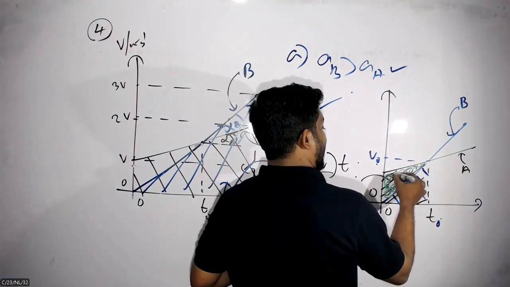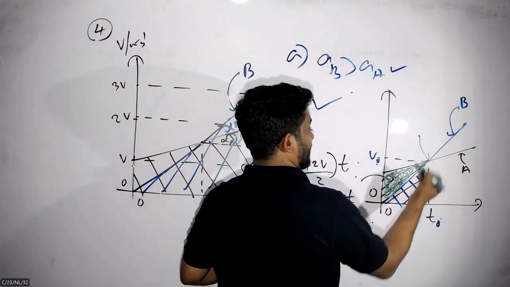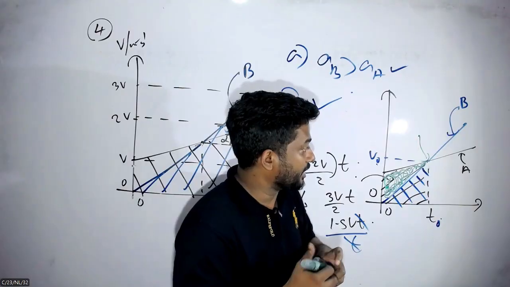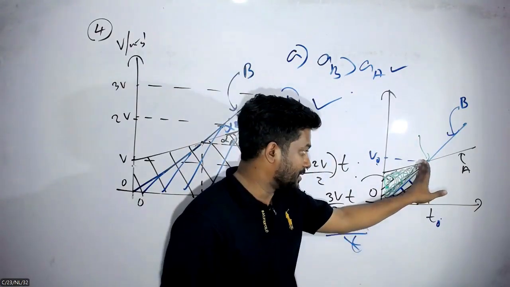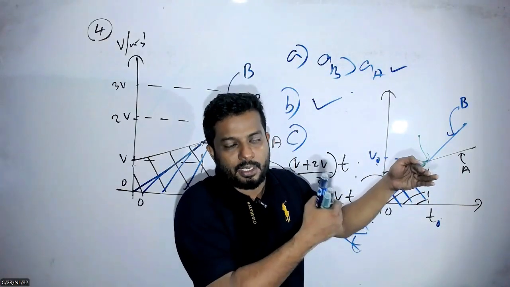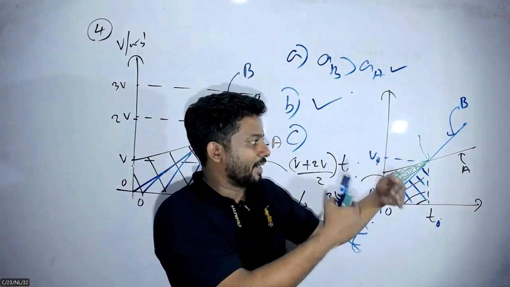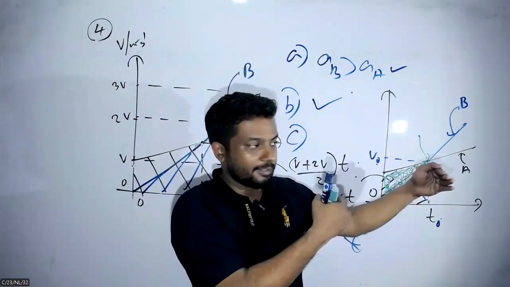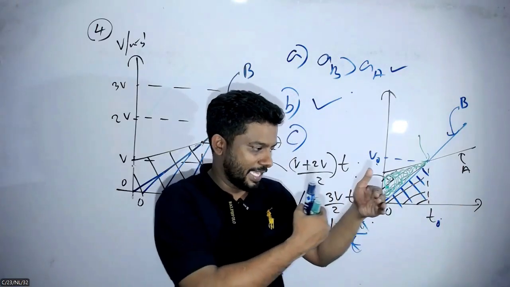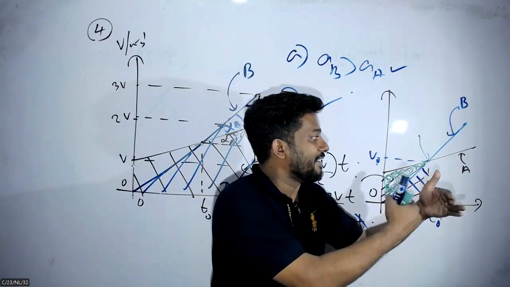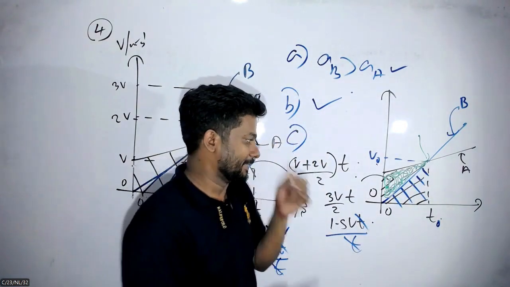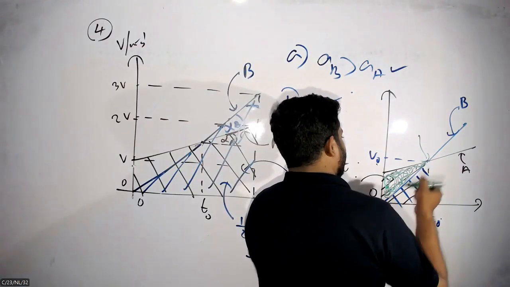This area gives the maximum gap that can be attained between A and B. Up to this point, velocity of B is less than velocity of A, therefore the gap increases. Both objects move in the same direction, but velocity of A is greater than B, therefore the gap increases. But from this point, both objects move in the same direction, but velocity of B is greater than velocity of A, therefore the gap between the two objects decreases. You should remember this, I will ask a question from this point.